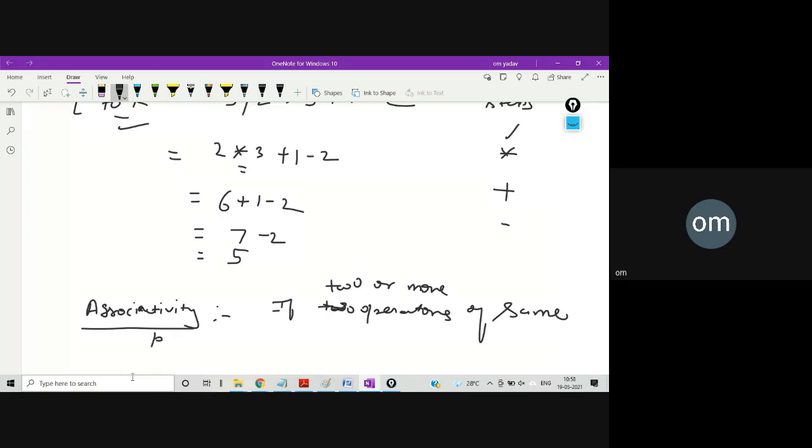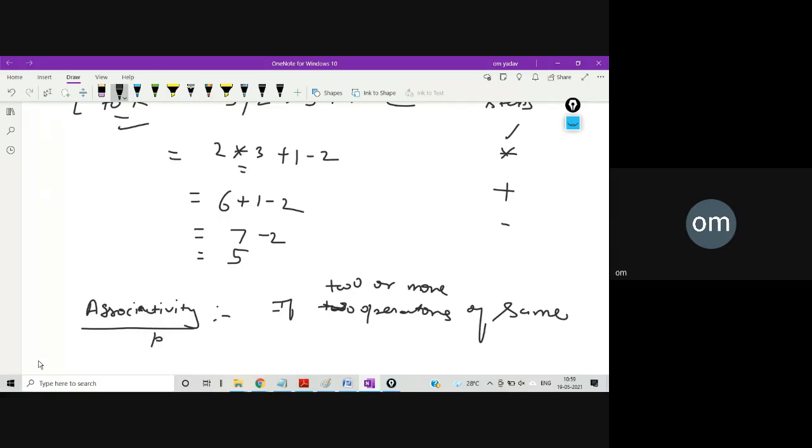Who is asking? Conrad Calderia is asking, the associativity of plus minus is right to left.